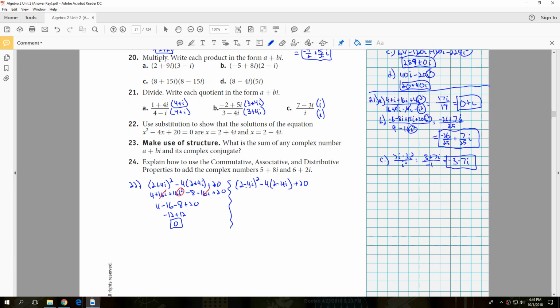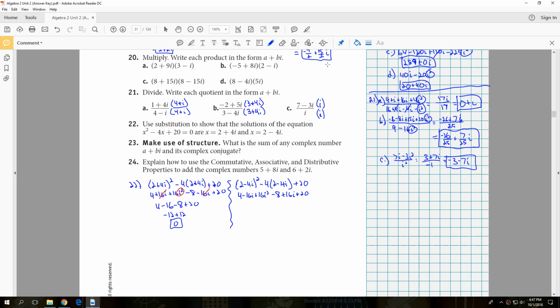Double distribute here, so you'll end up with 4 minus 8i minus 8i, so minus 16i, and then negative 4i times negative 4i will be positive 16i squared. And then distributing the negative 4 here will be minus 8, and then plus 16i, and then plus 20.